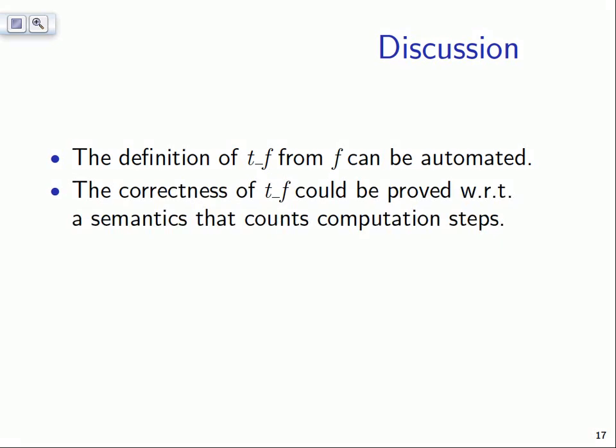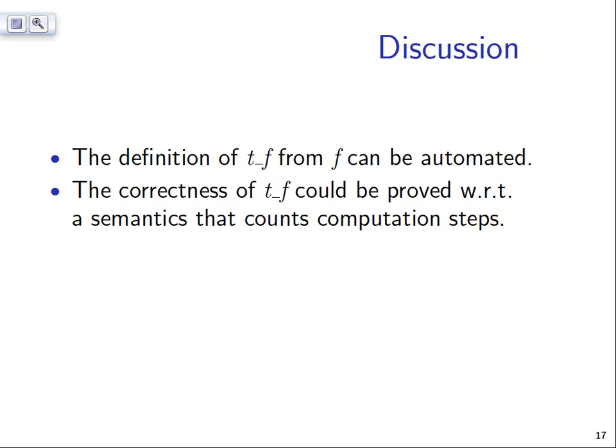And so what you could do is you could also have a semantics for your functional language, a semantics with some kind of timing annotations, and then you could really prove that the timing function has the time that the semantics for F dictates.